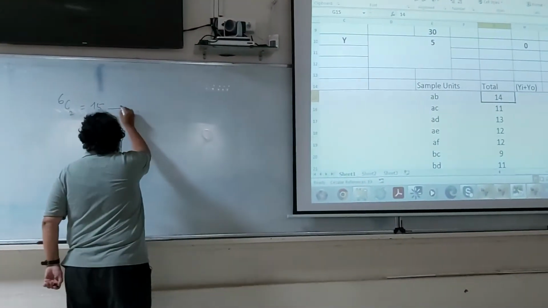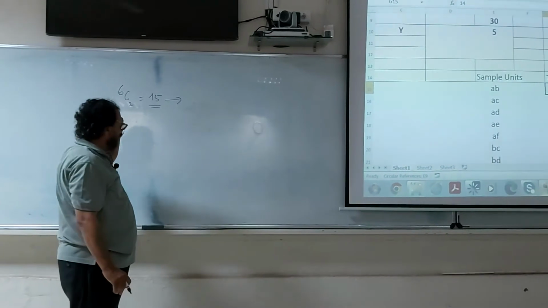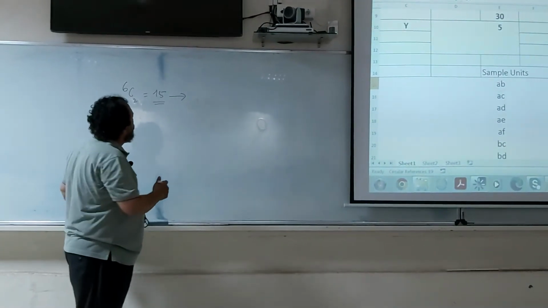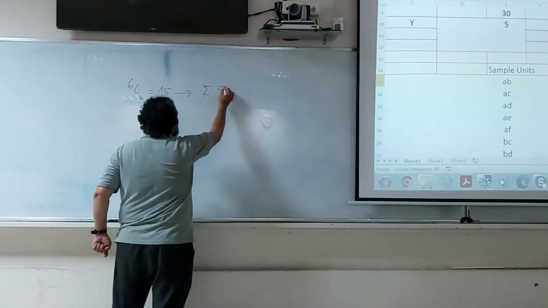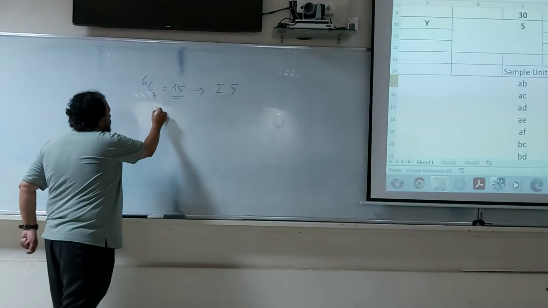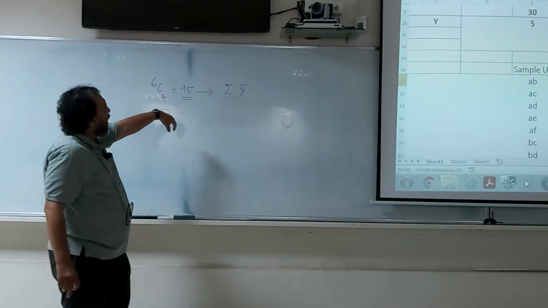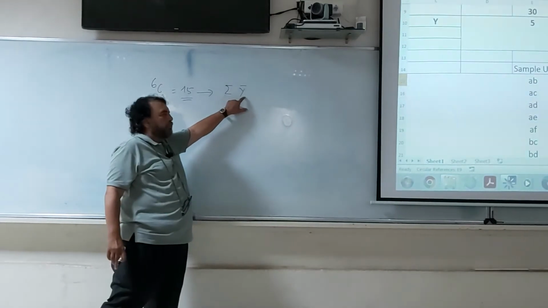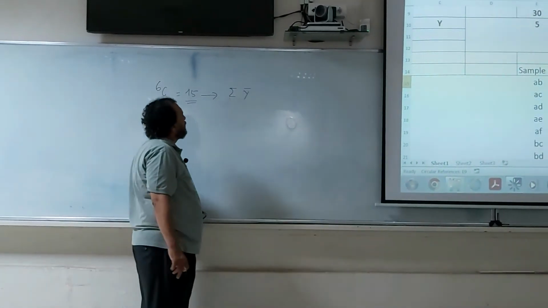So if there are a total of 15 possible samples, for each sample we calculate the sample mean. Now I'm going to use small y because I have used capital Y for the population, and that's usually a convention in sampling theory textbooks. The sample means are usually reported with a lowercase letter, whereas the population is in uppercase.